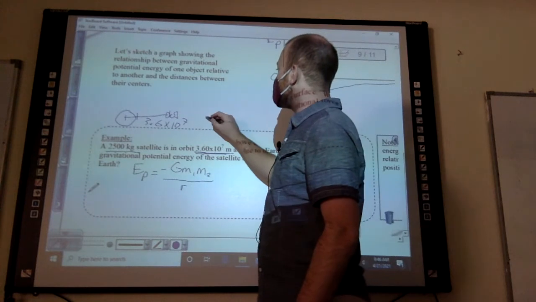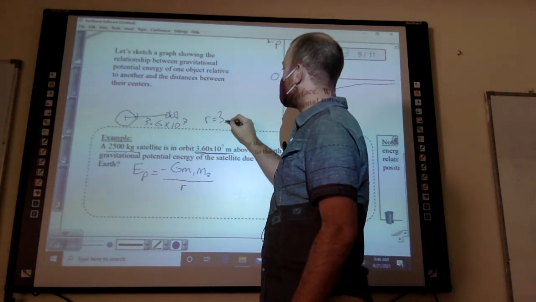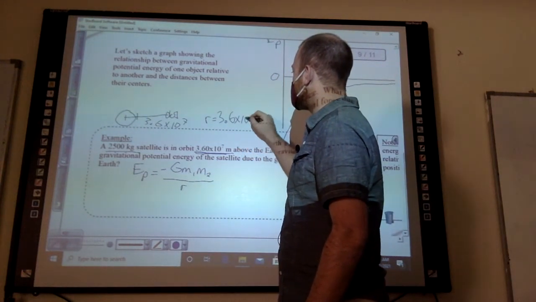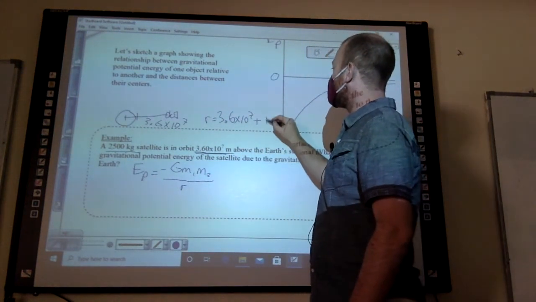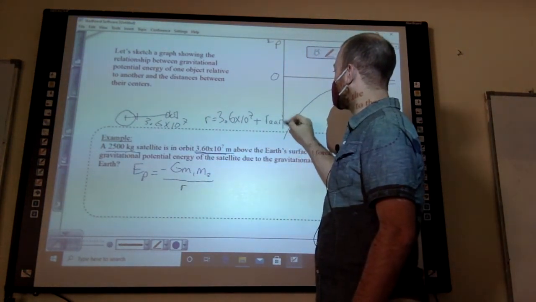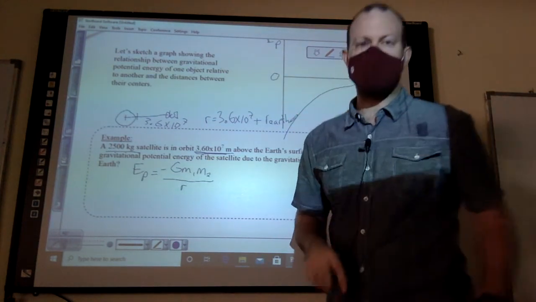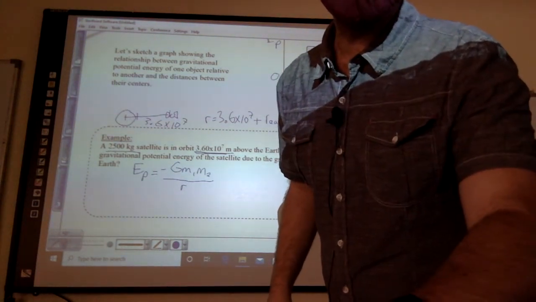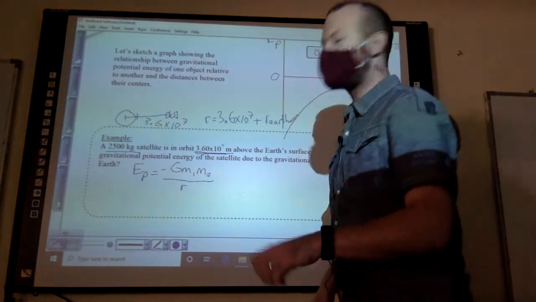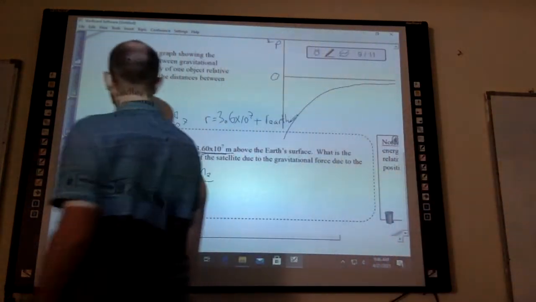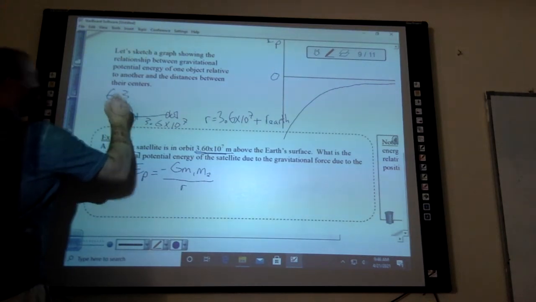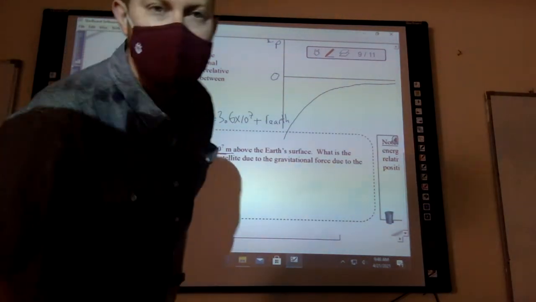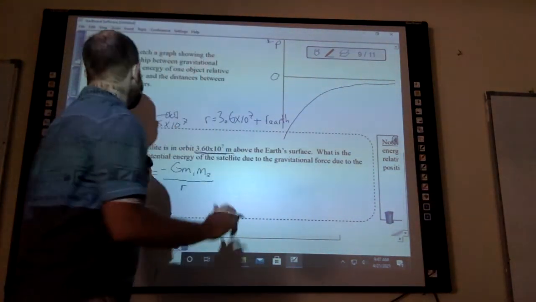So to get the R in this case, it's going to be 3.6 times 10 to the 7, plus the radius of the Earth. That's something you can just look up. It's 6.36 times 10 to the 6. I've got 3.8, you're right.